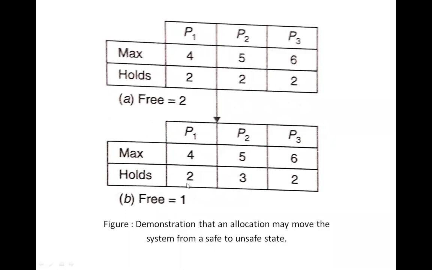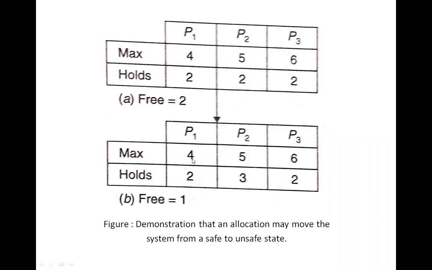Now, the situation of deadlock can occur, and this sequence may divert the safe state into the unsafe state. Now we have only 1 free. Since P2 is still requiring 2 more, and available is 1, P2 cannot complete its job. P3 is requiring 4 more, it is not able to complete its job because free is only 1.